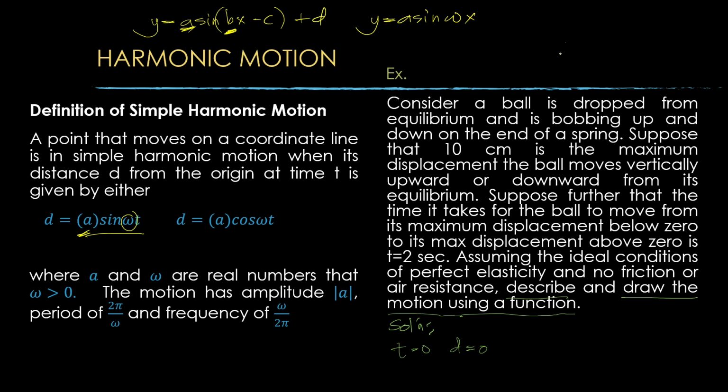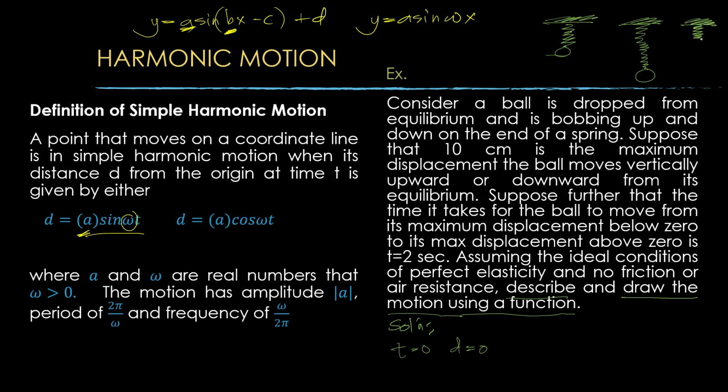If you try to imagine it, you have a ball and you have a spring. This is the initial condition. At t is 0, the displacement is 0, meaning there is no displacement yet. When you release the ball, the spring will of course stretch. After it stretches, it goes back.